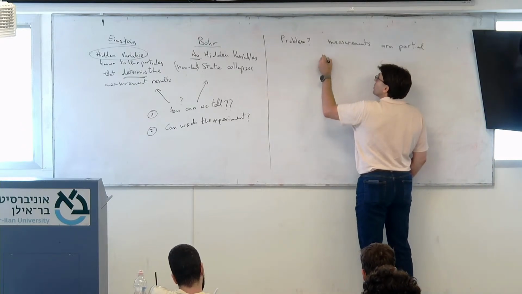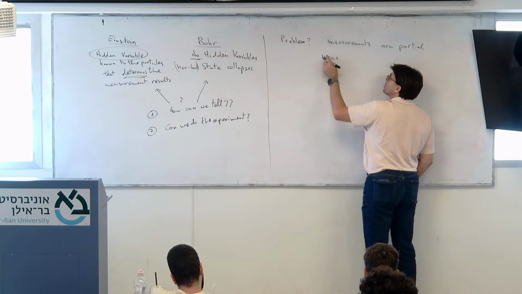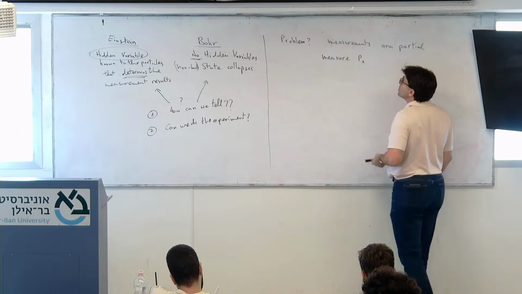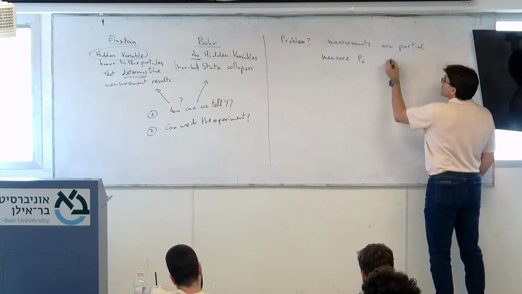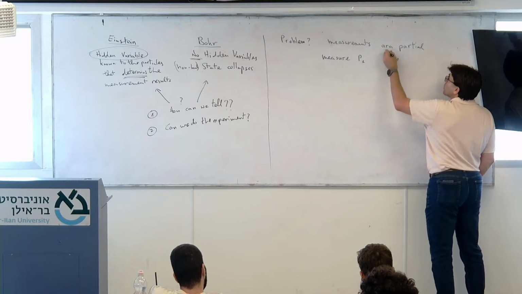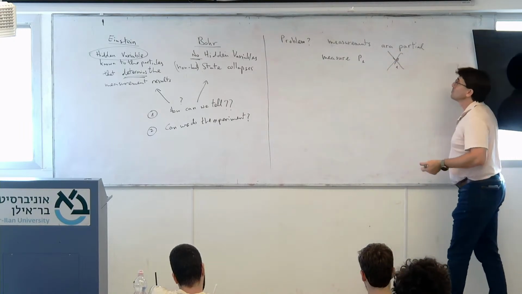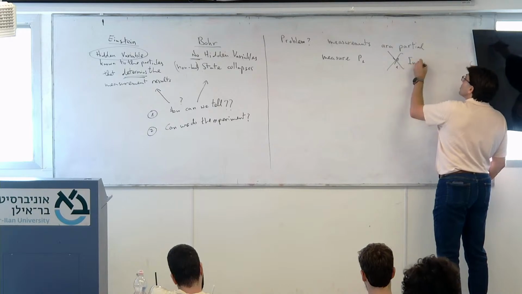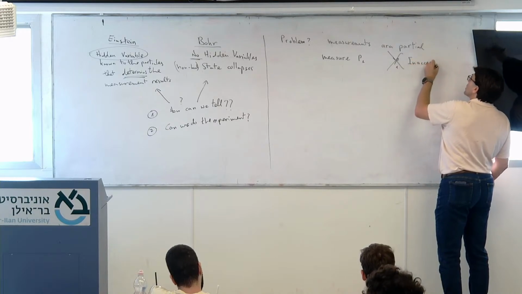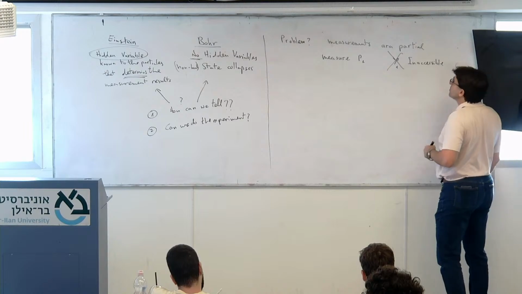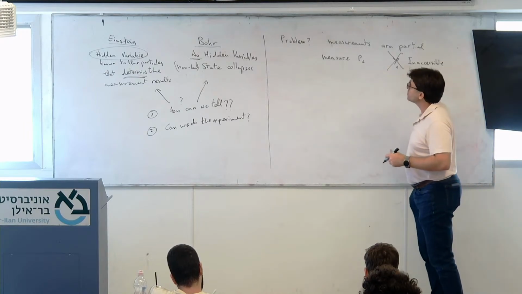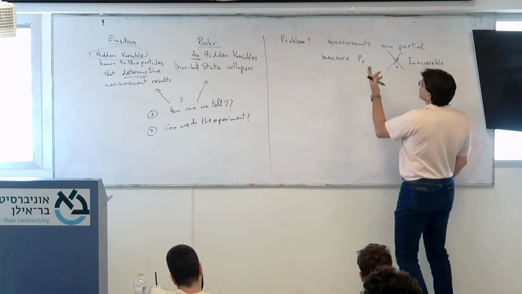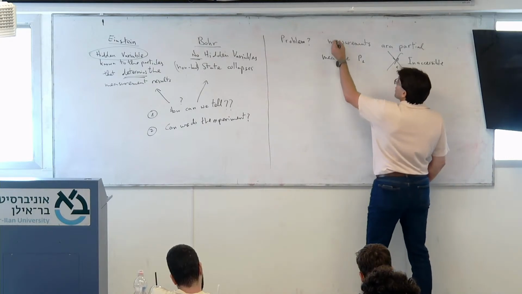If I measure, I don't know, P1, then I don't know Y1. This is inaccessible. And so that's one thing. Measurements are partial.